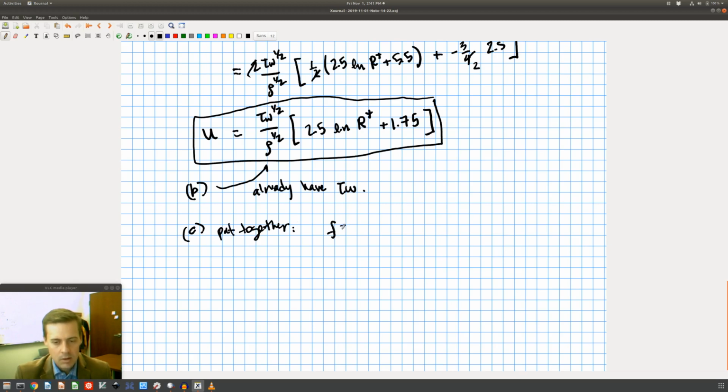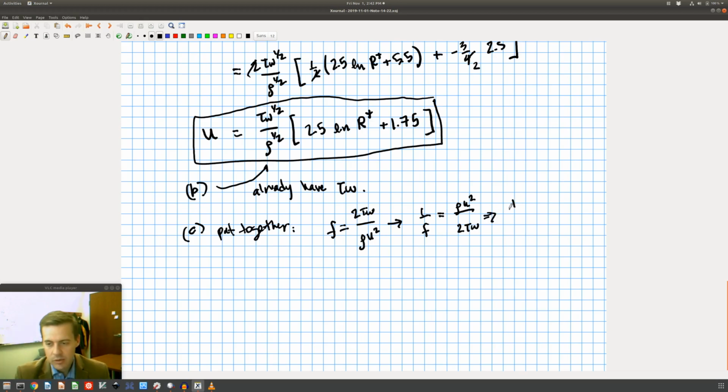Remember, and we want to use this guy. F is tau W, well, we'll put the 1/2 on the top. 2 tau W divided by rho U squared. That's the definition of the friction factor. So notice that if I just flip this upside down, I get 1 over F is equal to rho U squared divided by 2 tau W. And I can take the square root of both sides.